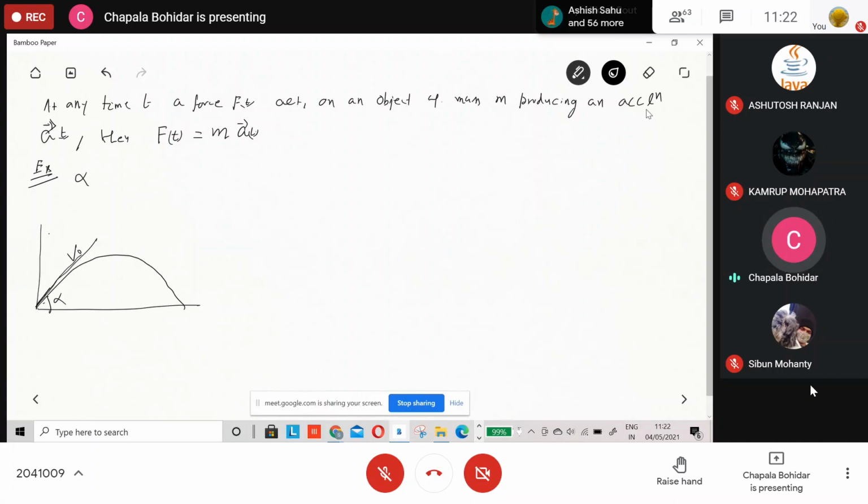Assuming that air resistance is negligible and the only external force is due to gravity, find the position function r(t) of the projectile.